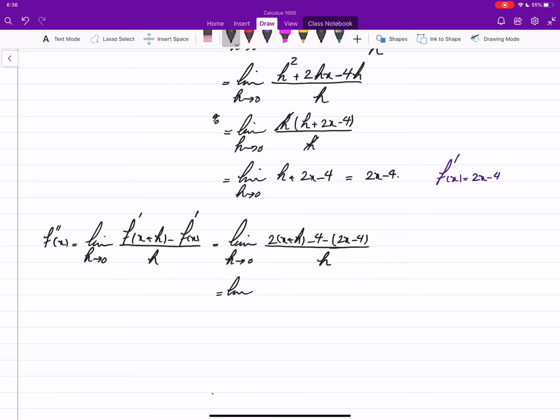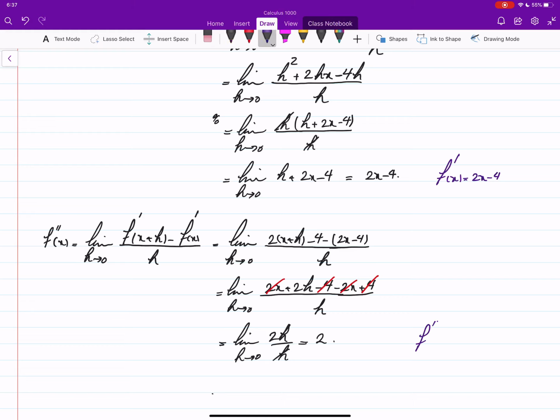And well, if we expand all the terms in the numerator, we have 2x plus 2h minus 4 minus 2x plus 4 over h. And as you can see, minus 4 plus 4, and 2x minus 2x cancel. And what we get here is the limit as h goes to 0 of 2h over h. And you can cancel these two. This is just 2. So what we found is that f double prime x is 2.